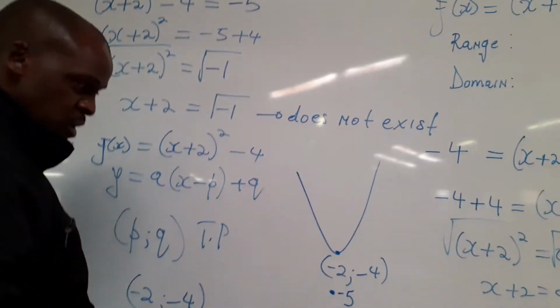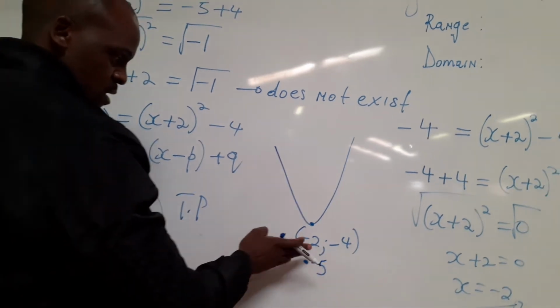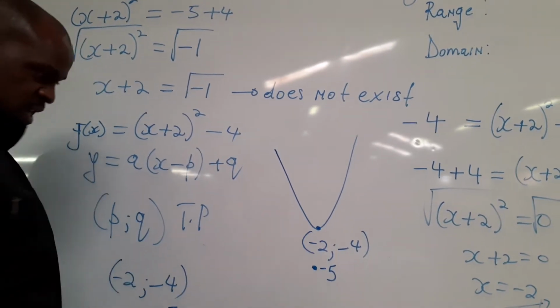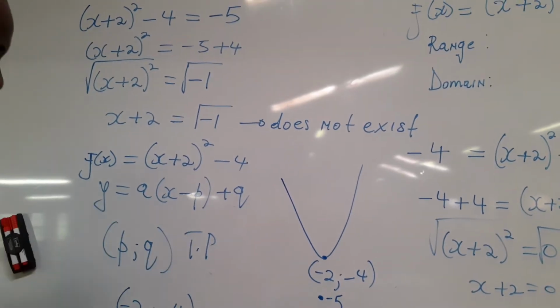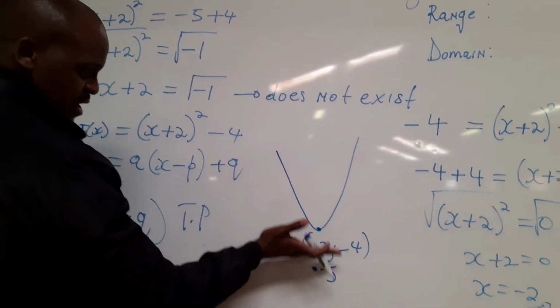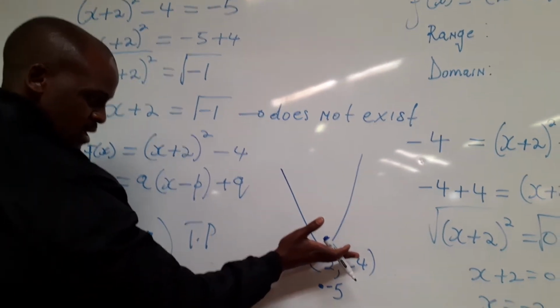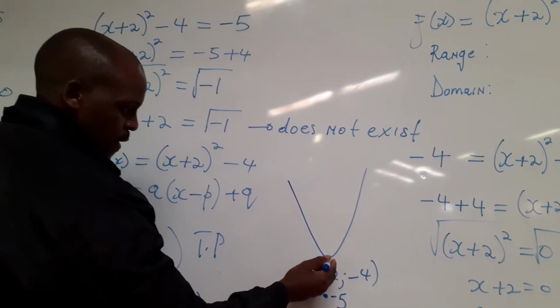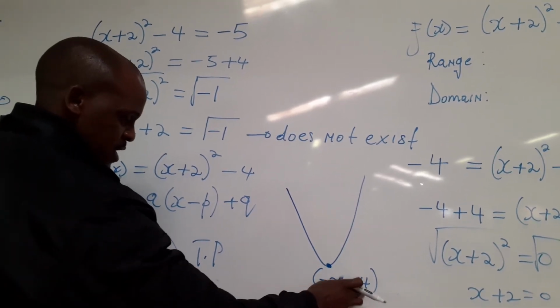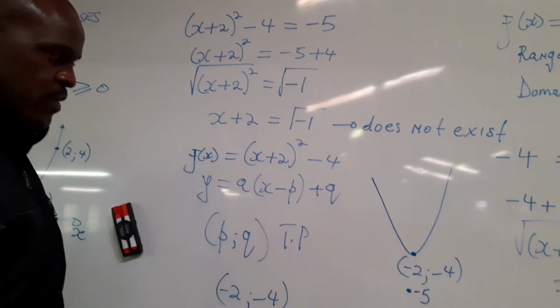Once you are below this point, this graph is not here. That's the reason why we are saying this graph is existing only where y is greater than or equal to negative 4.